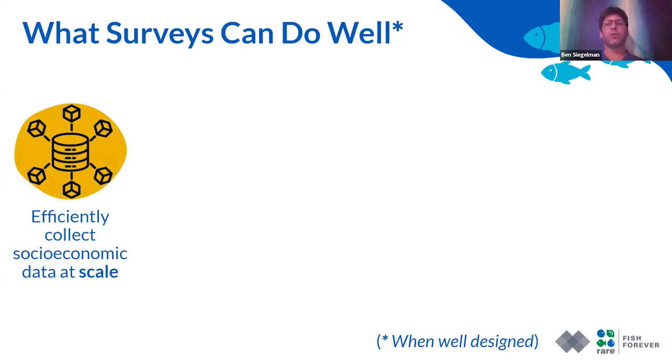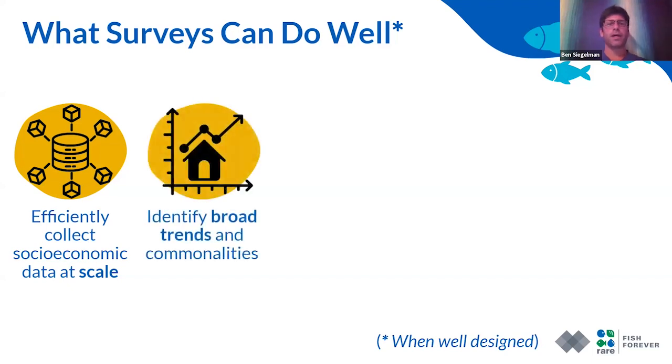So they're very useful in that way. And that's why they're so common. That broad reach of a survey, where you can survey hundreds or thousands of people, allows us to identify broad trends and commonalities across a population, which again is very hard to do in a resource efficient way.